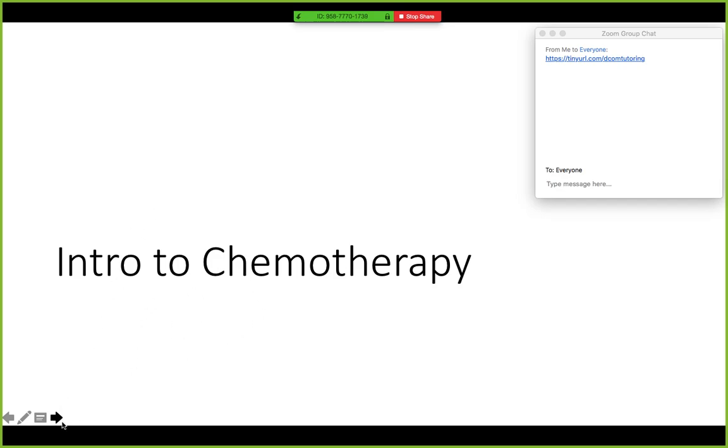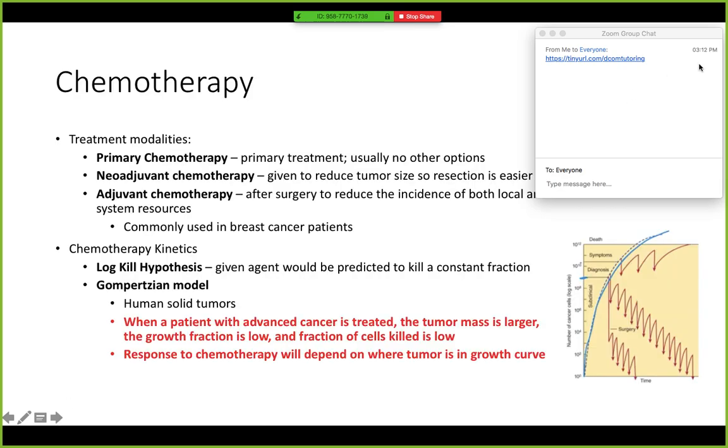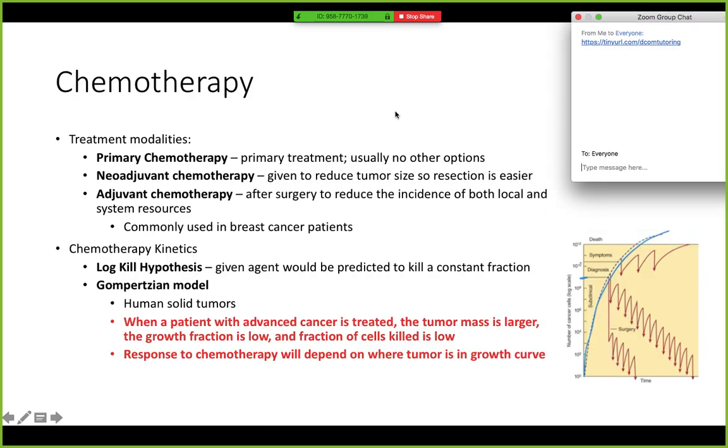So on her intro to chemotherapy section on YouTube, she talked about three different treatment modalities. You have a primary chemotherapy, which is the primary treatment used when there are no other options, and then neoadjuvant chemotherapy, which is given to reduce tumor size.